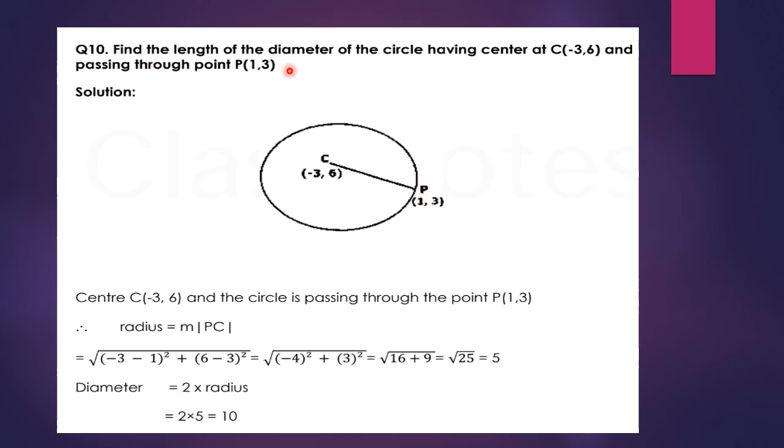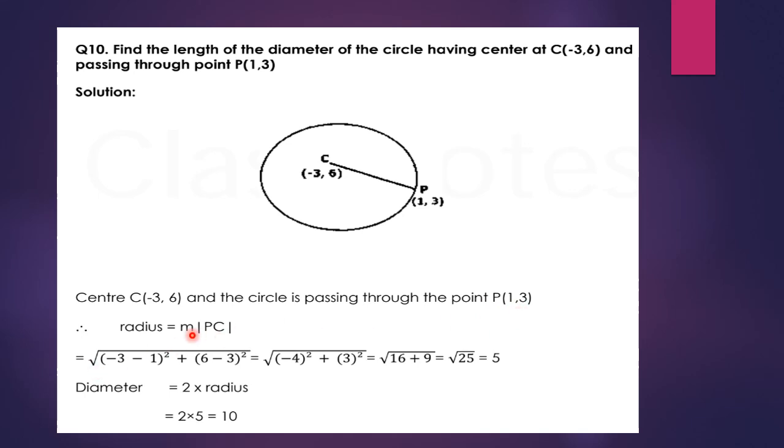But we have to find out the diameter, and we know very well the relation between the diameter and the radius. Yes, diameter is twice the radius. If we multiply radius with 2, we get the value of the diameter. And how can we find out the radius? Yes, very easily by applying the distance formula on the points C and P. Look, here C is the center of the circle and the circle is passing through the point P (1, 3).